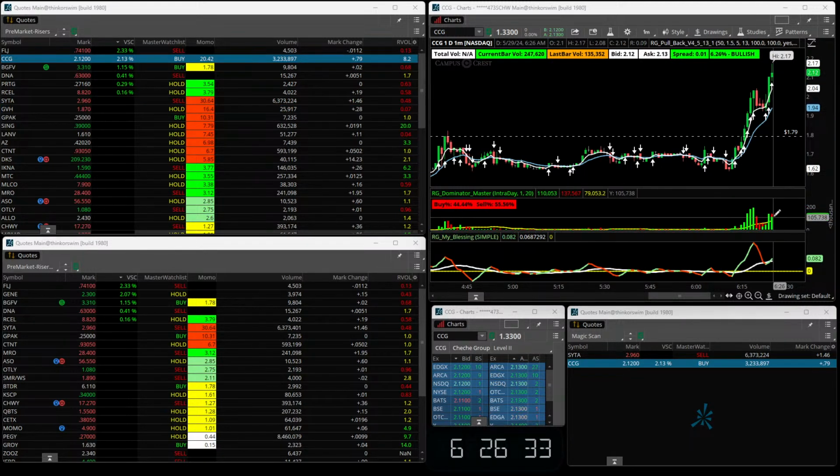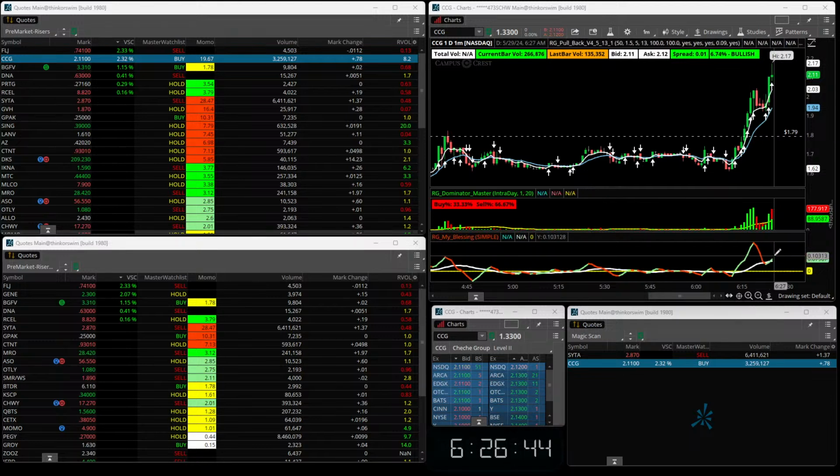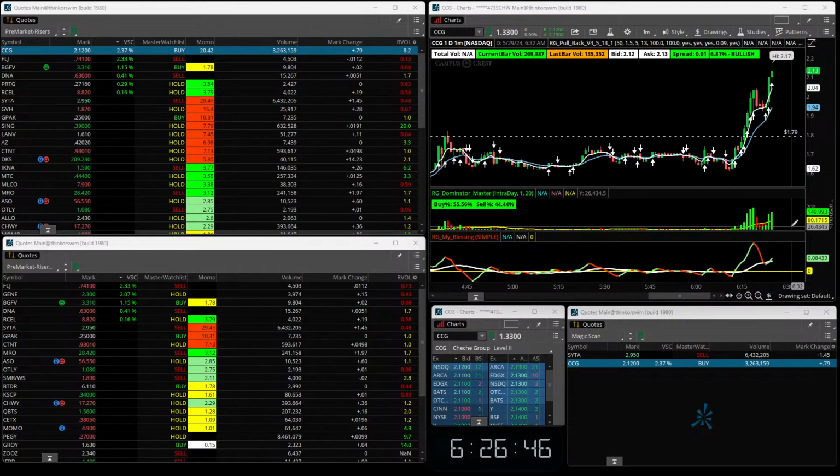I'm seeing red tip on this bar. My blessing indicator is pointing upwards slightly. Big tall green bar, maybe another push here. Let's see if we get it.